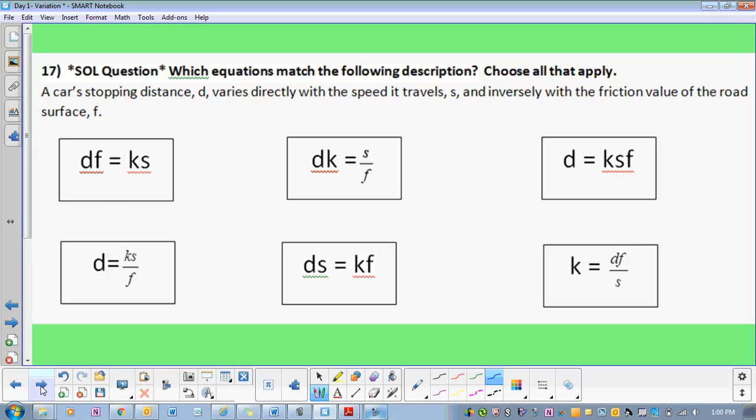You need to see which ones match your equation. Could be more than one answer. A car's stopping distance D varies directly with S and inversely with F. Okay, it's a lot. Write that equation first, so you can use that as your basis.